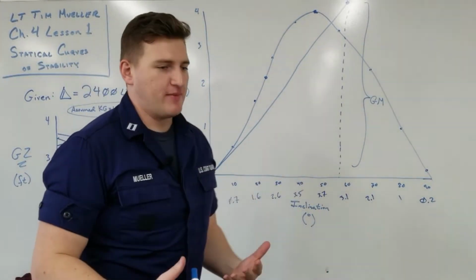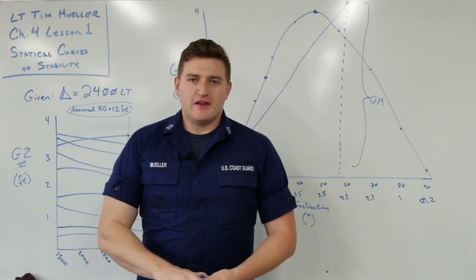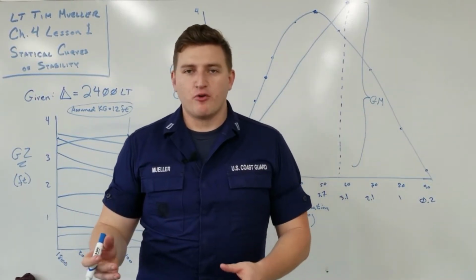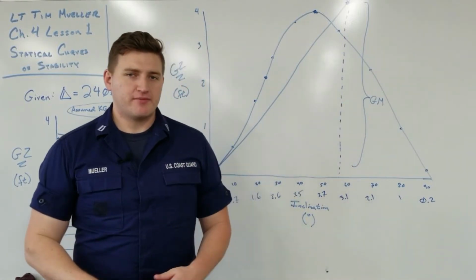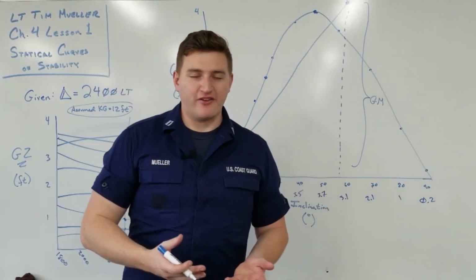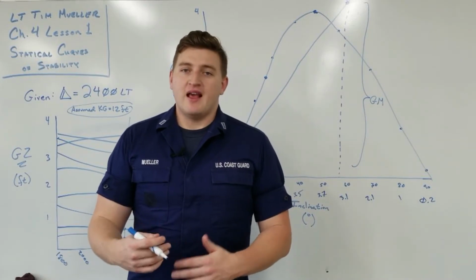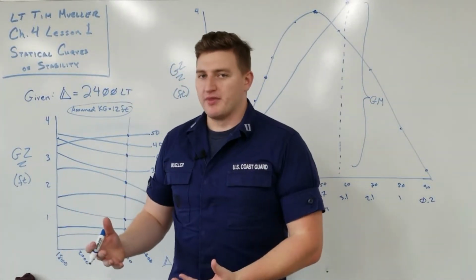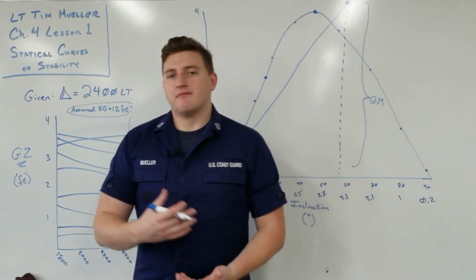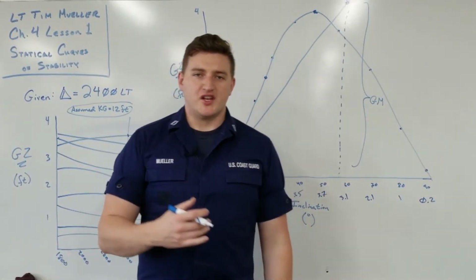Now, is that a good thing or a bad thing? It depends on the ship. If you have a ship that normally sits right around 3.8 as a GM, your metacentric height, then that's fine. However, if you're a ship that typically sits at something like 12 feet, now if you only have 4 feet, that's a major degradation in your initial stability. You might not be able to perform the job that the ship was built to do. Maybe if you're a barge, you don't want a GM that's low.